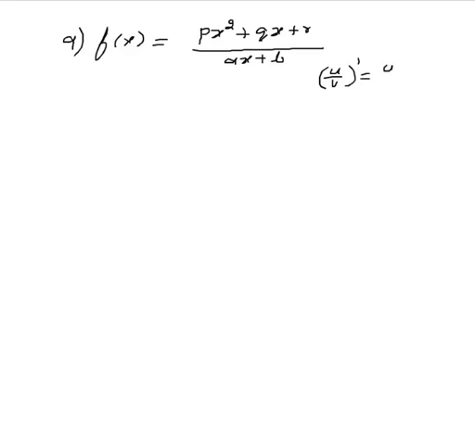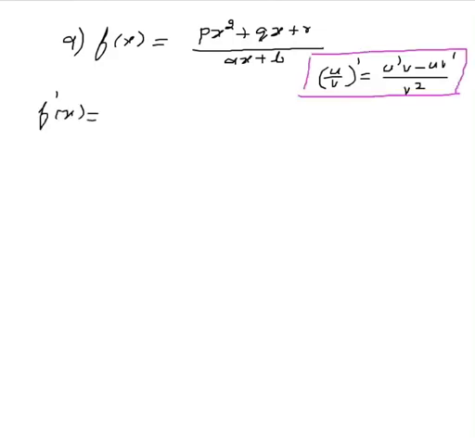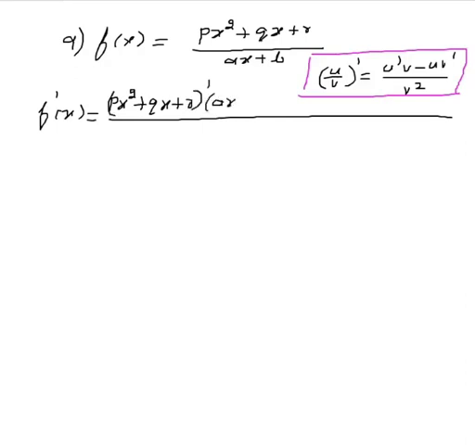Quotient rule, u by v the whole dashed is u dash v minus u v dash divided by v square. f dashed of x is equal to px square plus qx plus r the whole dash times ax plus b minus u is px square plus qx plus r into v dash, which is ax plus b the whole dash, divided by ax plus b the whole square.